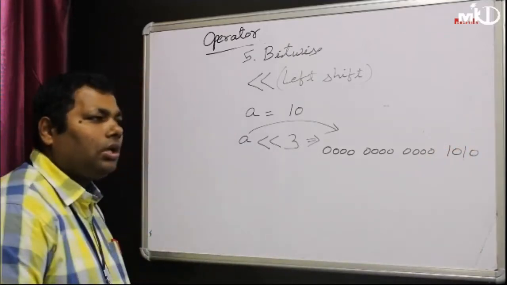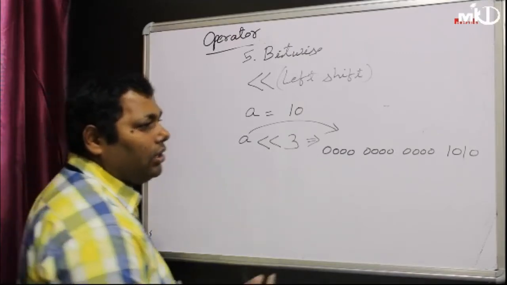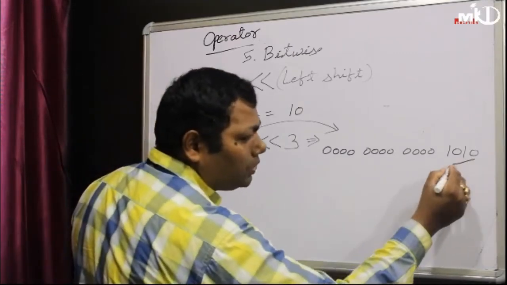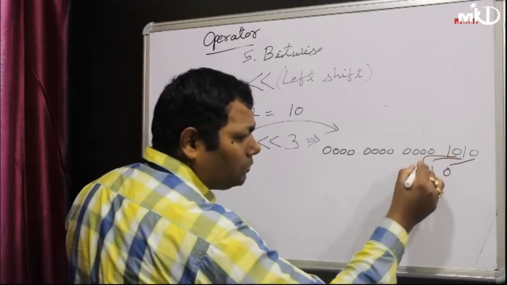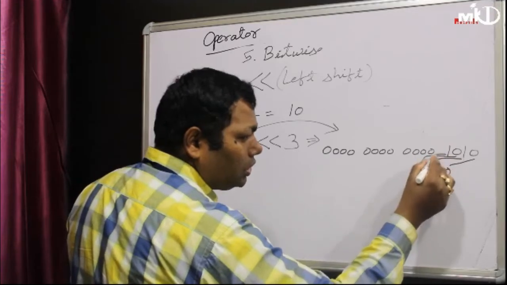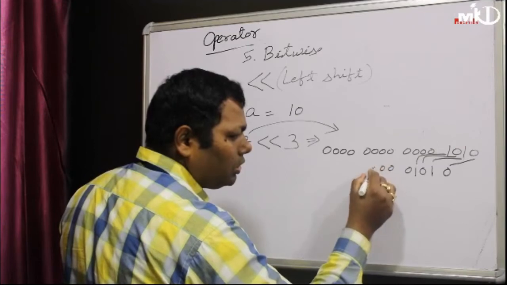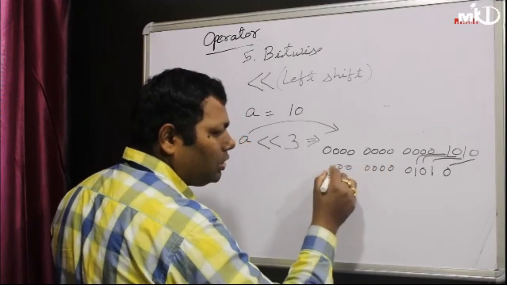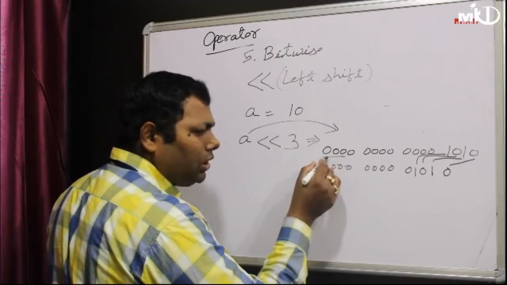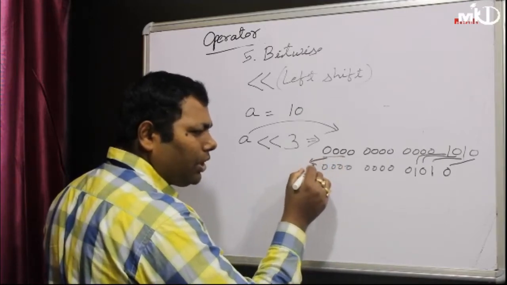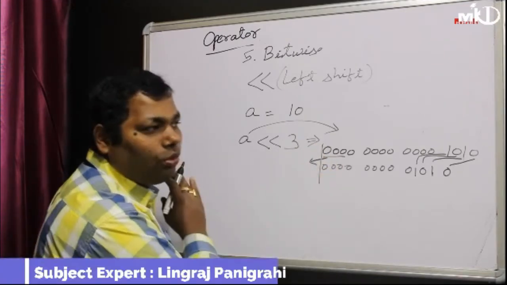Okay. Now shift 3 bits to the left side. So this comes here, this comes here, this comes here, this is here. So like this. And what about these 3 digits? These 3 digits shifted to the left side are out of boundary, so they are removed.